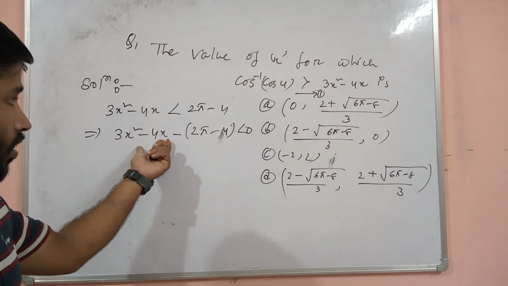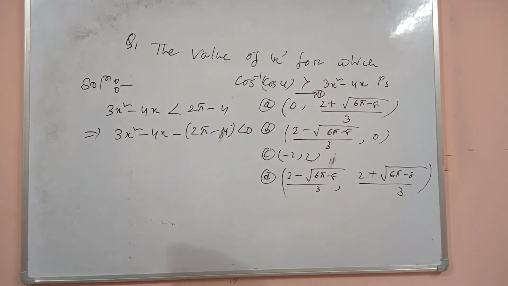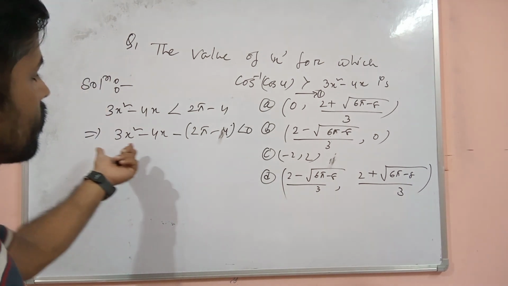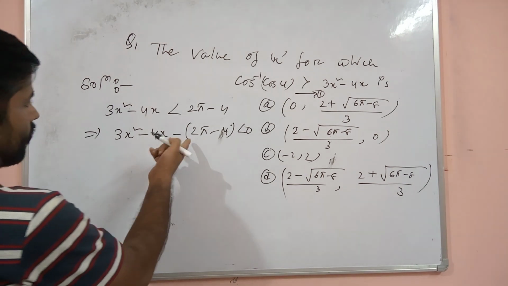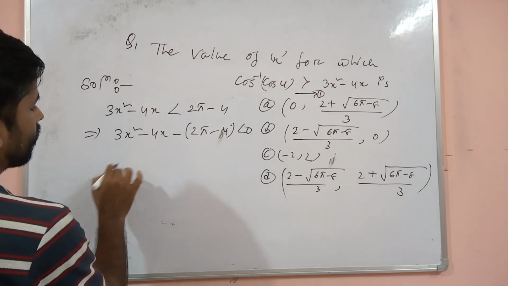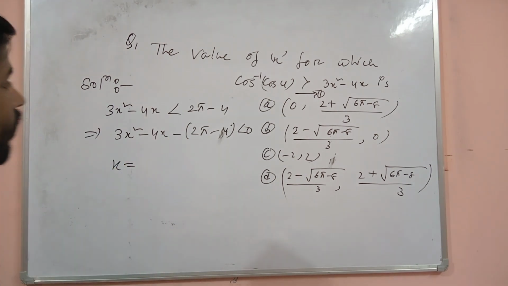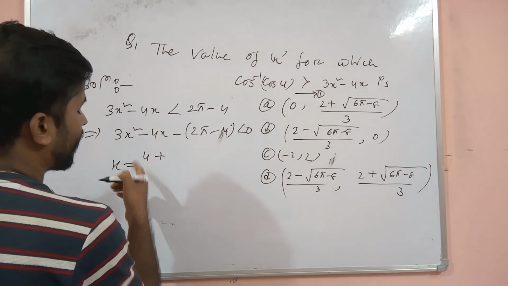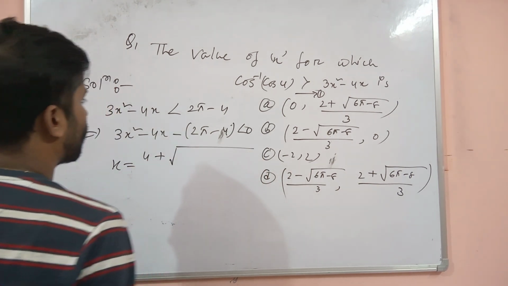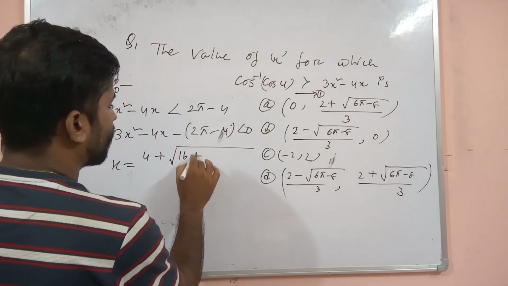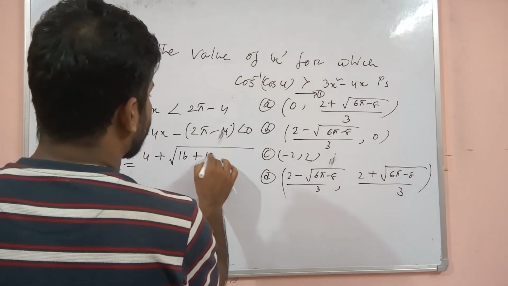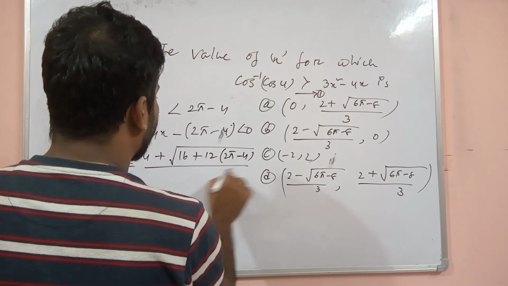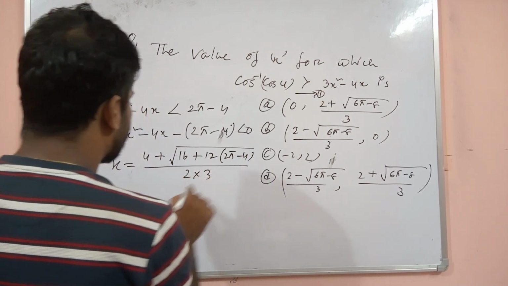It is a quadratic expression, and as it is not factorizable, we shall find the value of x using Sridhar Acharya's rule, that is minus b plus minus root over b square minus 4ac, over 2a.